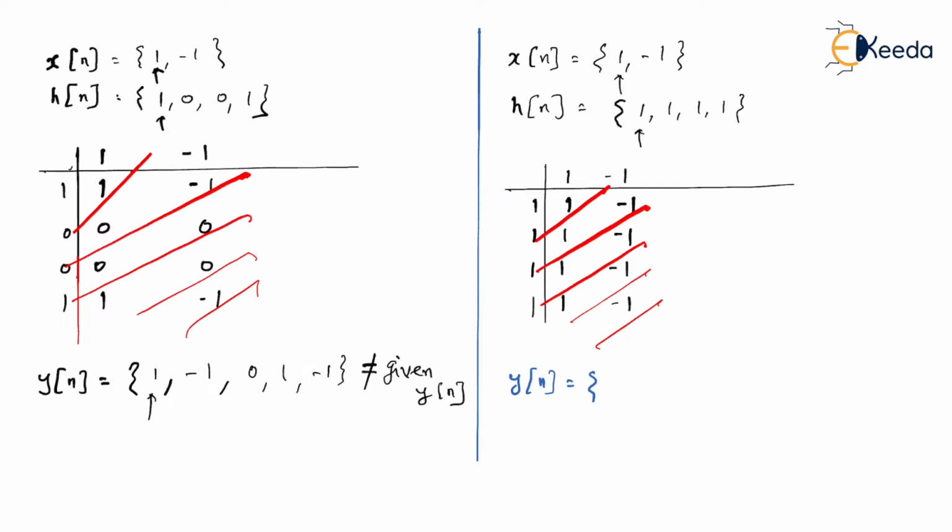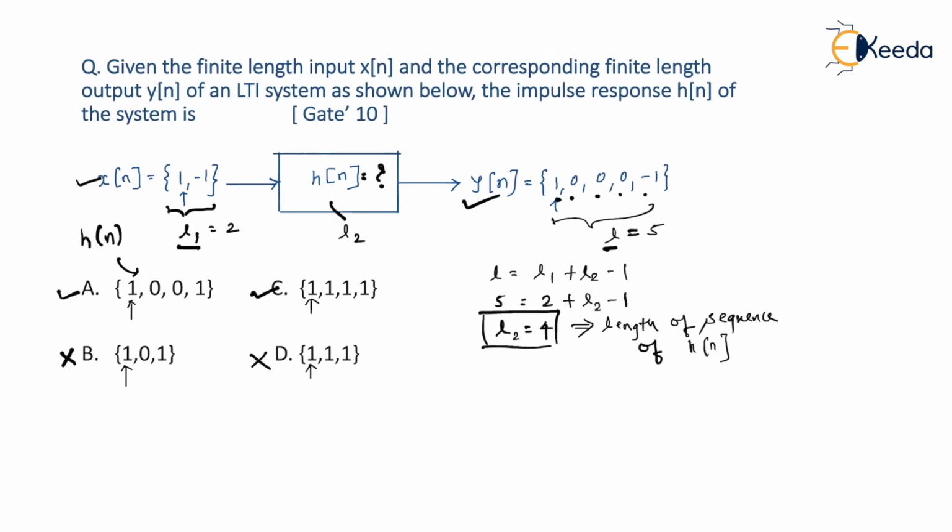So y of n will be, I'll get 1, then 1 minus 1 is 0, 1 minus 1 again is 0, 1 minus 1 comes out to be 0, and last you will get minus 1. And of course, you'll get the y of 0 position here. So see whether you have the same y of n as in the given question. So we were sure, option C is the correct option.